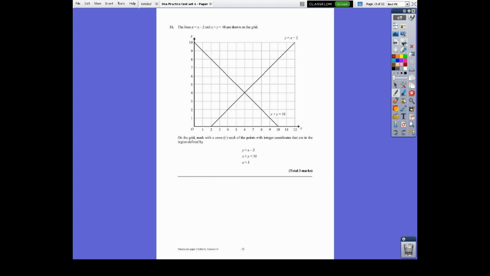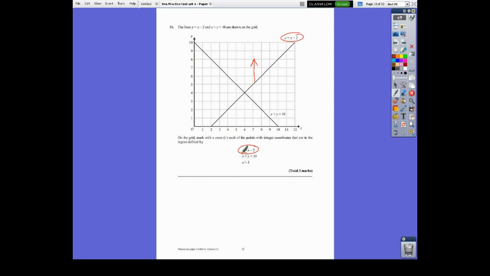Next question. The lines y equals x minus 2 and x plus y equals 10 are drawn on the grid. On the grid, mark with a cross each of the points with integer coordinates that are in the defined region. So, we want all the points where y is greater than x minus 2. The line x minus 2 is this one, and y will be greater above that line.